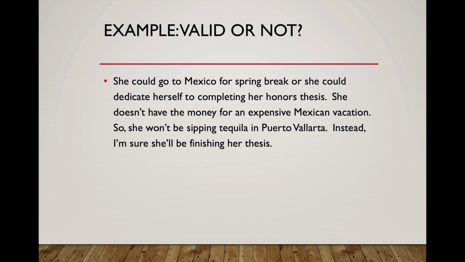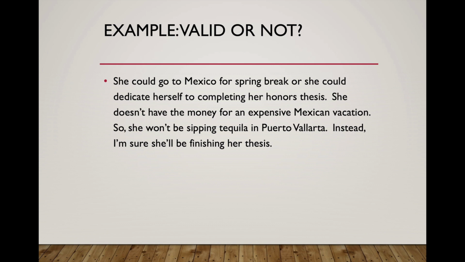She could go to Mexico for spring break, or she could dedicate herself to completing her honors thesis. There's the disjunctive statement, first and second disjunct. And then we can look down farther and we see "instead, I'm sure she'll be finishing her thesis." That's the conclusion.